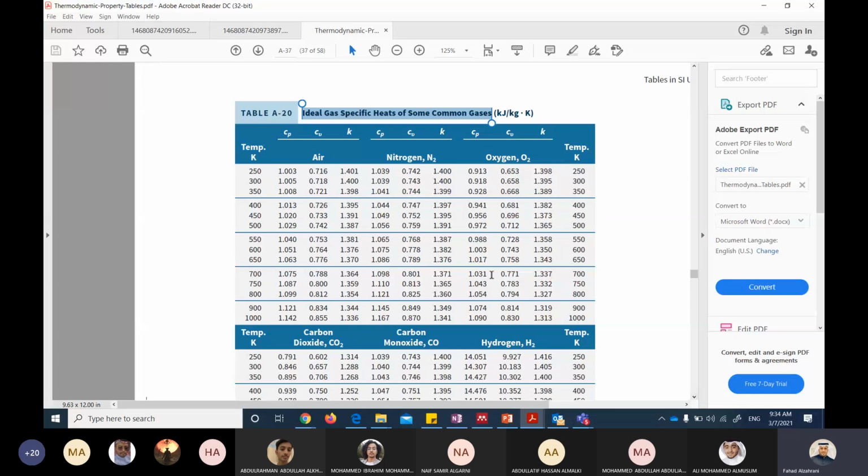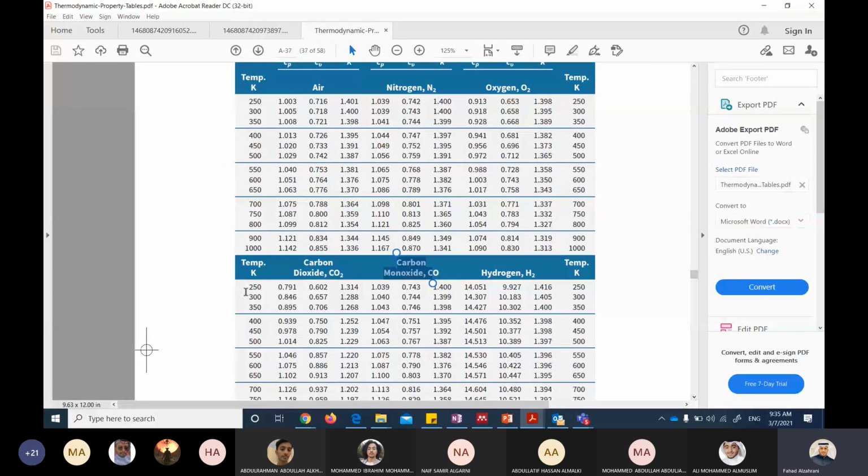It gives you the specific heat, the CP, the CV, and the specific heat ratio, which is k, for different gases. You have air, nitrogen, oxygen, and also carbon monoxide, which is in our case, this is our problem. For each temperature you have a corresponding specific heat.